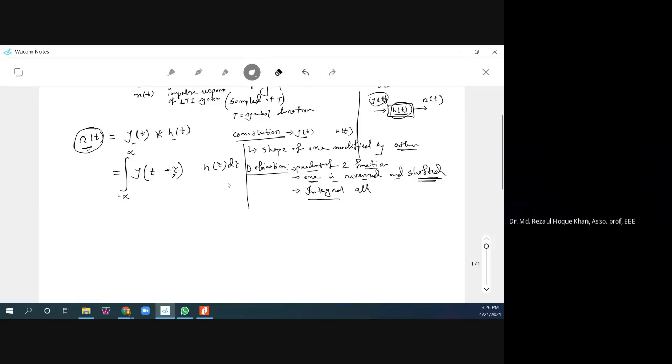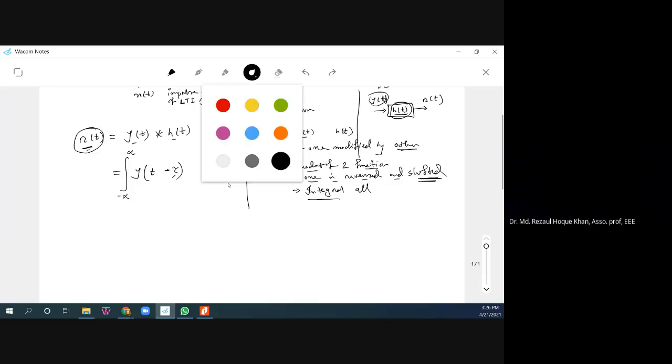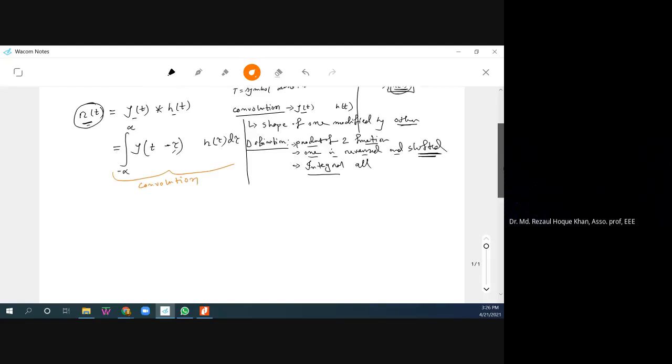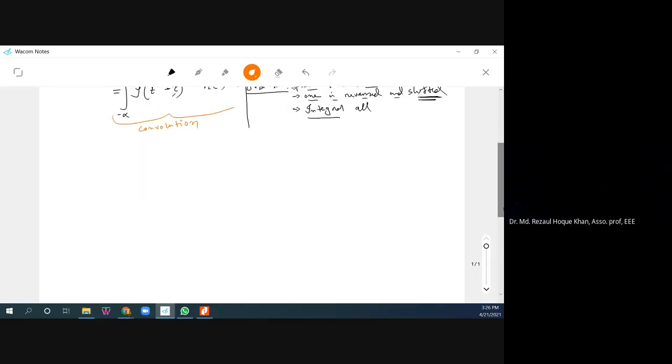This is the equation for convolution. Now, I would like to give you some insight into this equation.